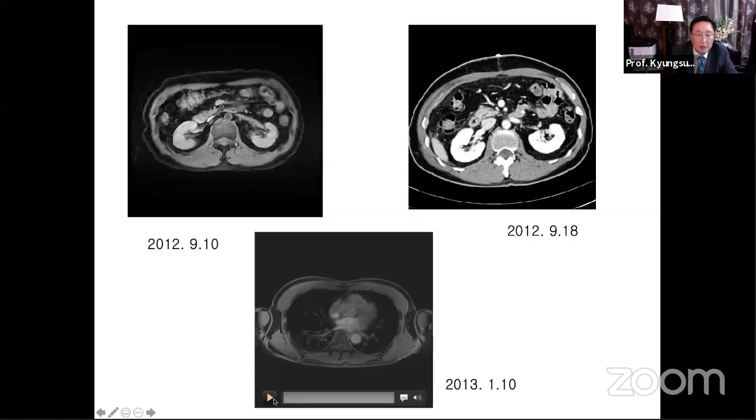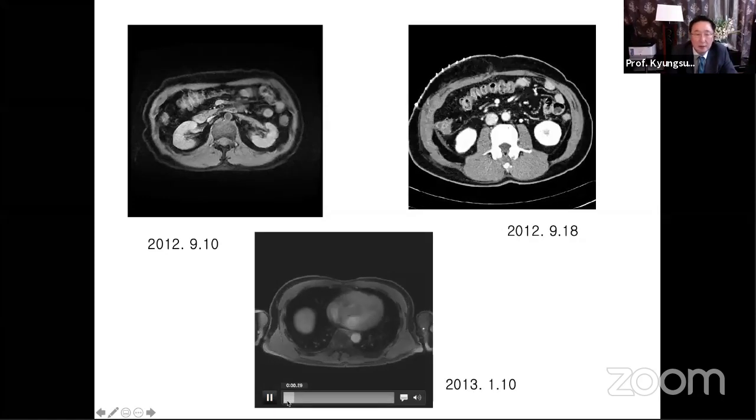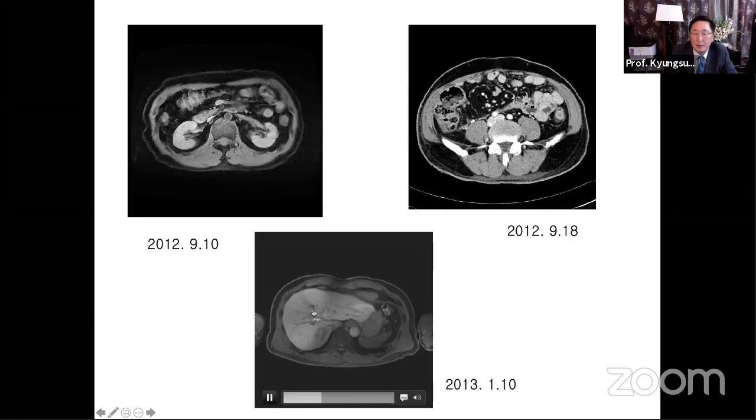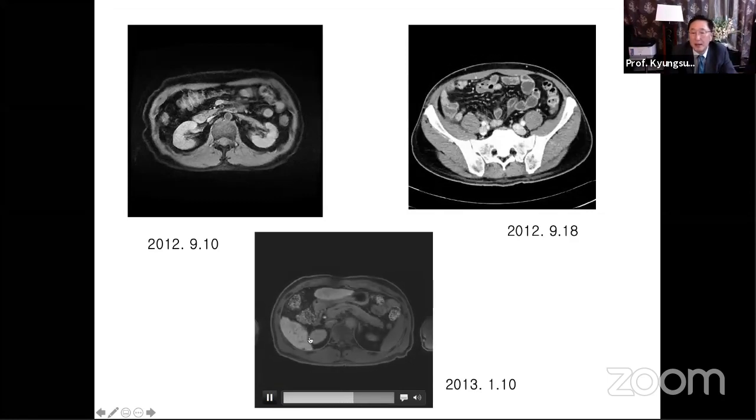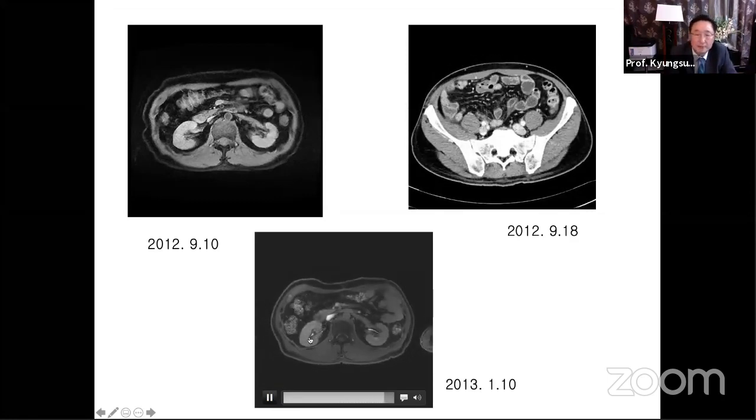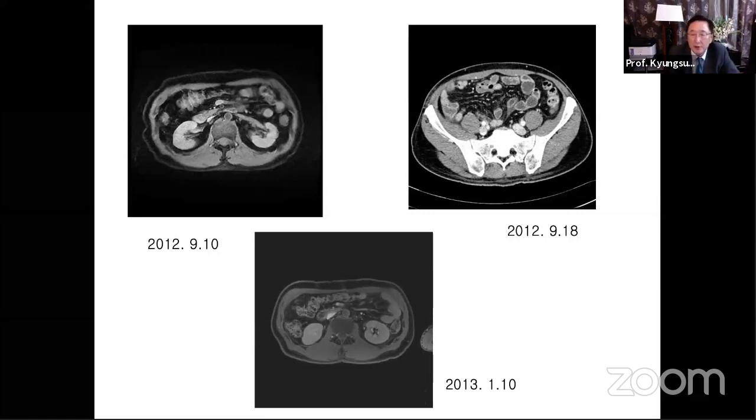Just 4 months later, multiple tumor recurrences developed in the whole liver. I experienced several cases like this, so I thought it may be related to hypoxia of the liver, because this patient had congestion due to middle hepatic vein occlusion, and congestion means there is not enough oxygen to that liver. That means hypoxia.